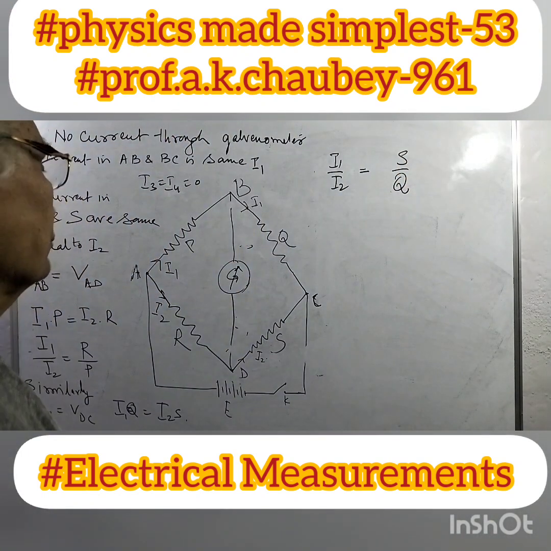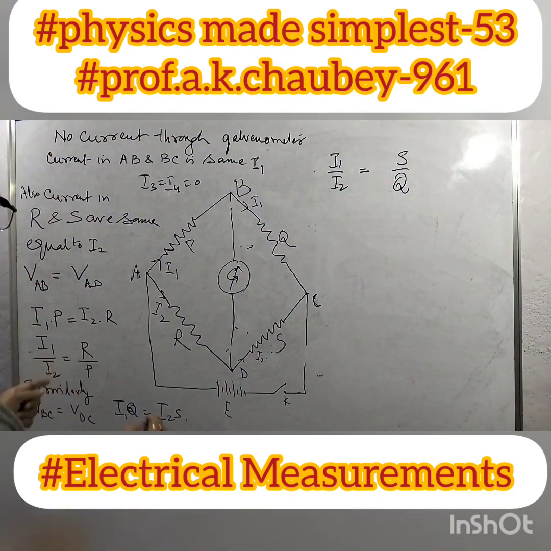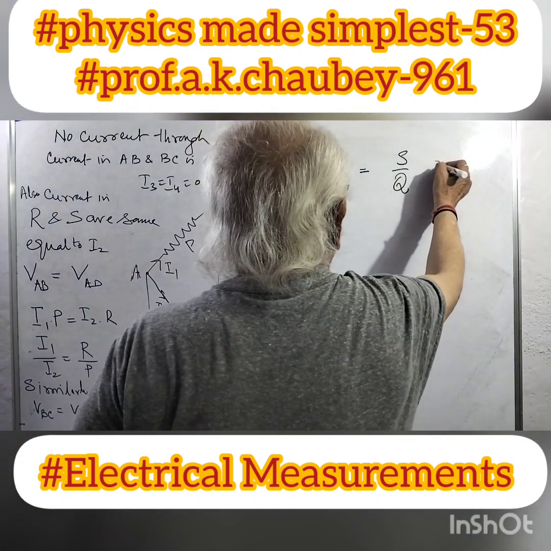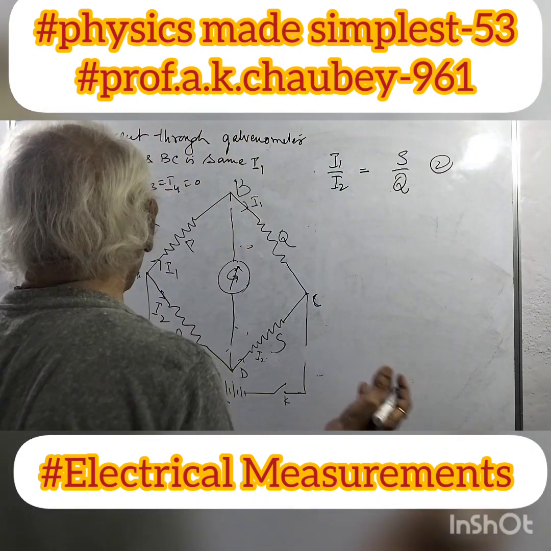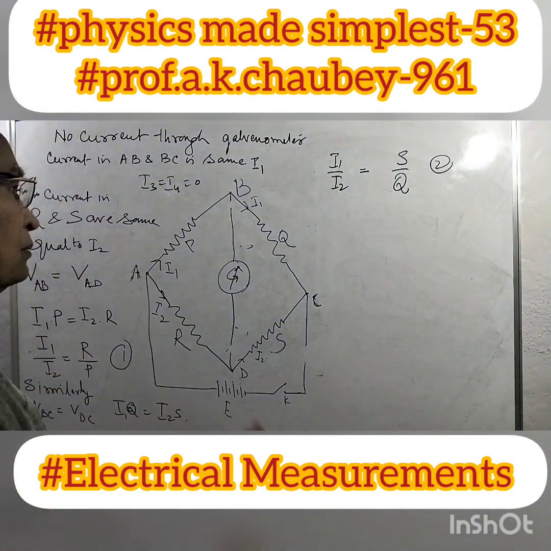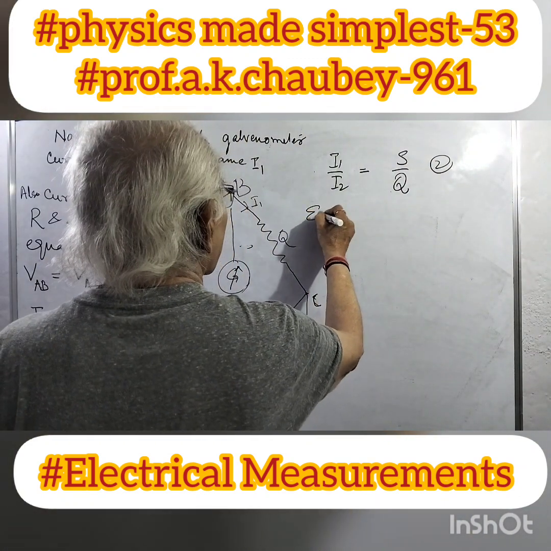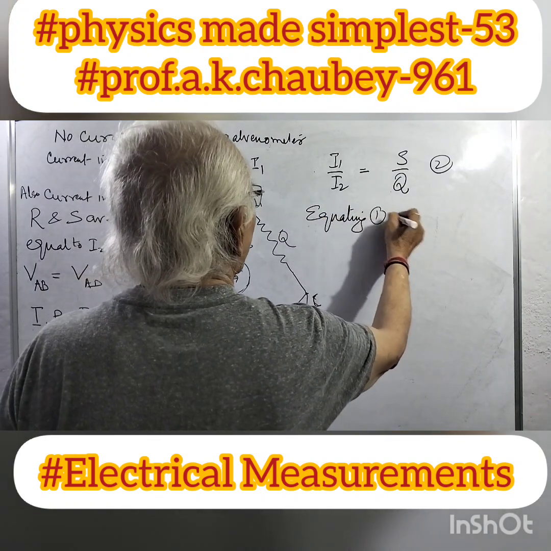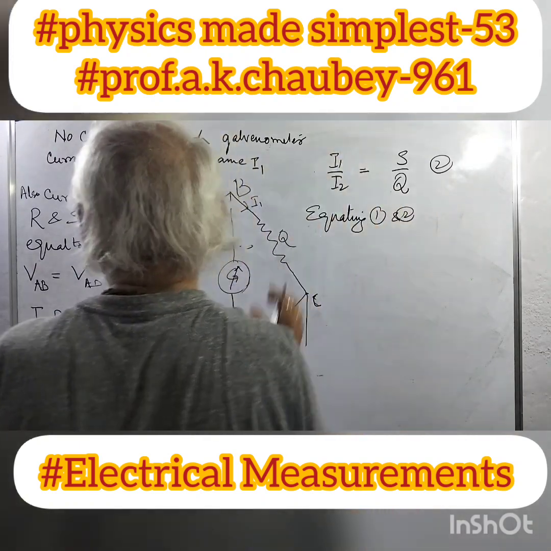What does it mean? From this equation I put number 1, from this equation number 2. Equating 1 and 2, both are I1 upon I2.